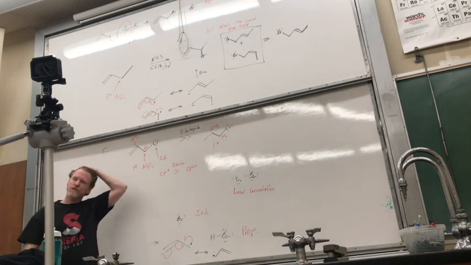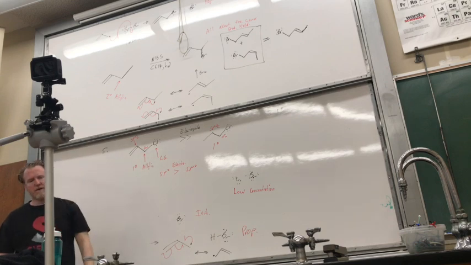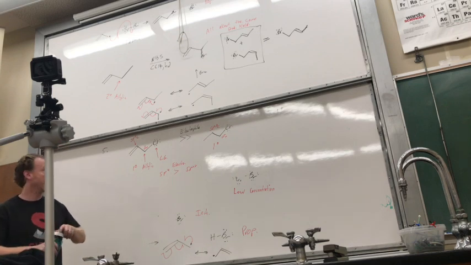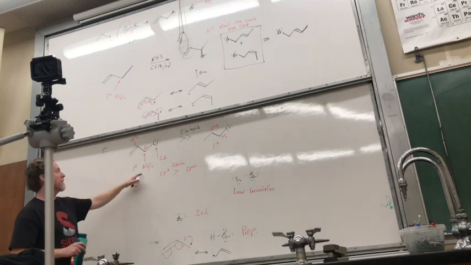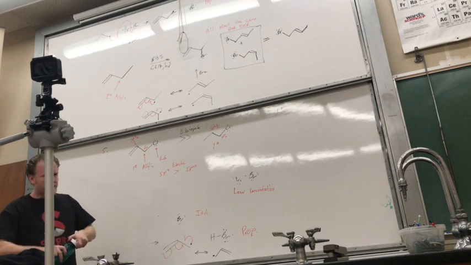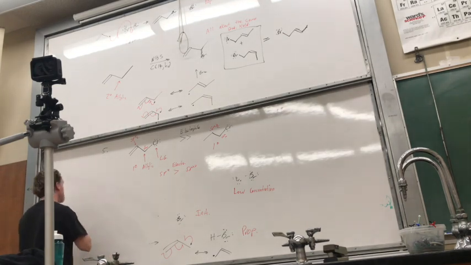This is a primary allylic. It can actually do SN1. Normally we say, oh, primary electrophiles cannot do SN1 or E1 because they can't make the primary carbocation. It's too high energy. Why would this maybe be able to make a carbocation? Well, that's because the carbocation has resonance.